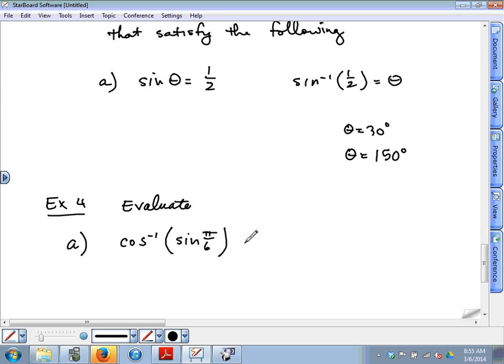Now, does the inverse cosine cancel out the sine? No, it does not.